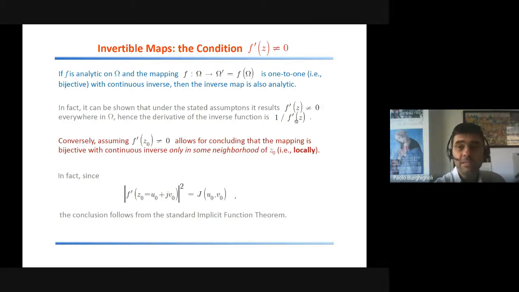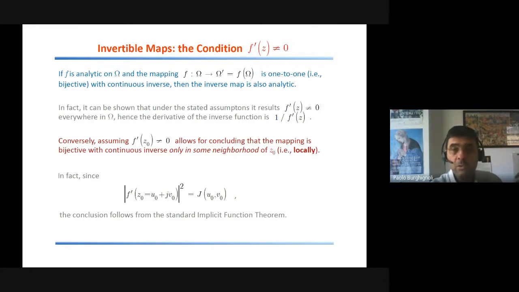But let us try to make the inverse assumption. Conversely, let us assume that the first derivative f prime is different from 0 at a given point z0. What can we deduce from this fact? Well, this allows us to conclude that the mapping established by the function f is bijective, so it is one-to-one, and it has a continuous inverse.